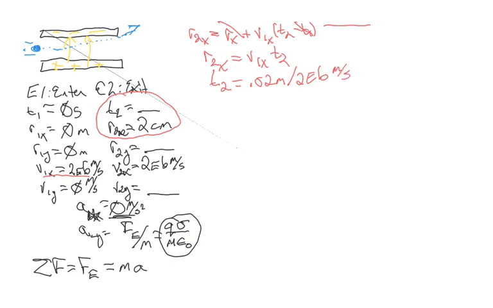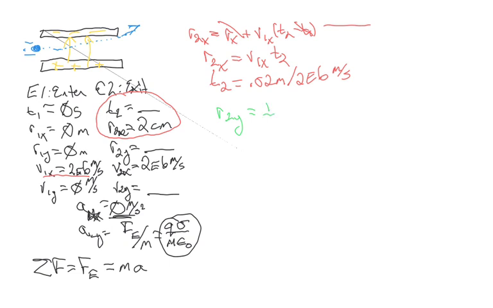And then we'll be able to plug that in. And then once we know T2, we're free to find V2y and R2y. So R2y, again, a lot of it's going to be 0. The initial position in the y direction 0. The initial velocity in the y direction 0.